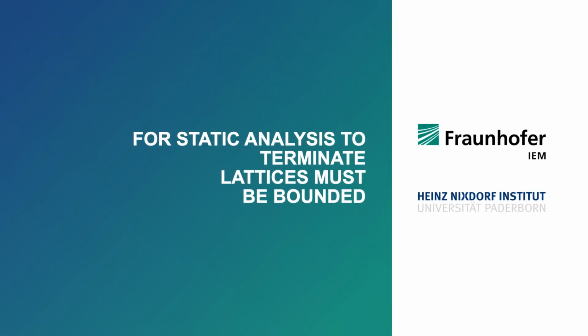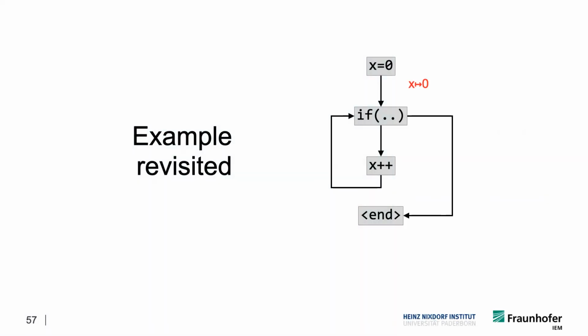Now for static analysis, to terminate, these lattices must be bounded. And that brings me back to some of the original examples that I showed you. Let's revisit this example that I showed you earlier. I already showed you what happens when you iterate through this program with the assumption that we are just propagating these sets of numeric values.